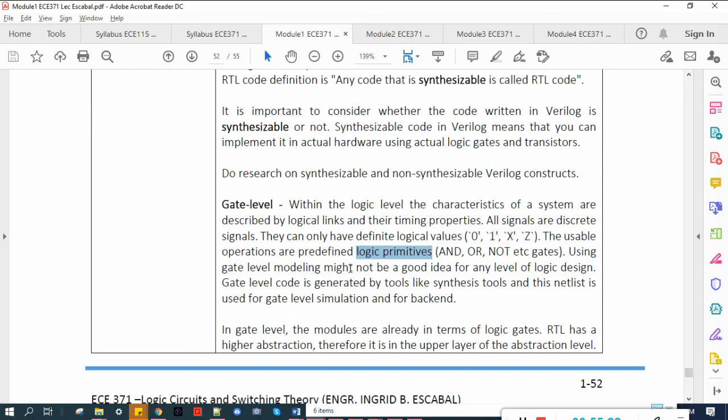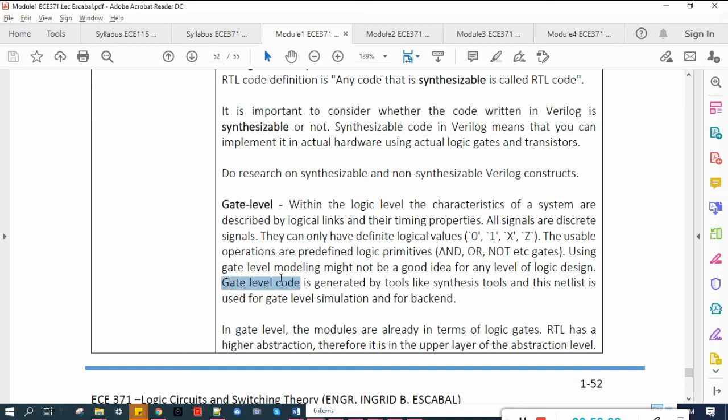Using gate level modeling might not be a good idea for any level of logic design. Gate level code is generated by tools like synthesis tools. And this netlist is used for gate level simulation and for backend. As I have already said, the gate level code is generated automatically by the synthesis tools from your HDL, behavioral, and RTL codes.